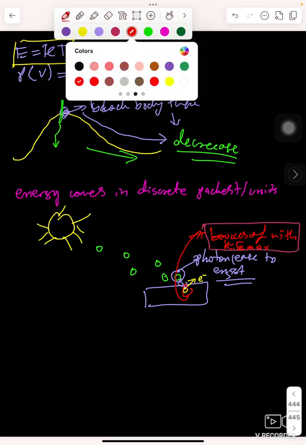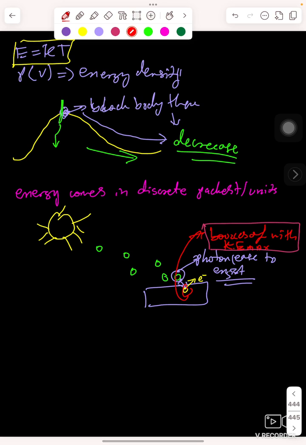And okay, what if I do the same experiment with wave theory?